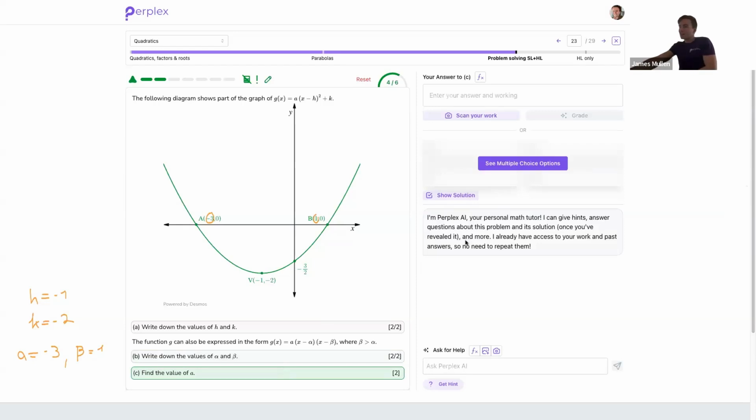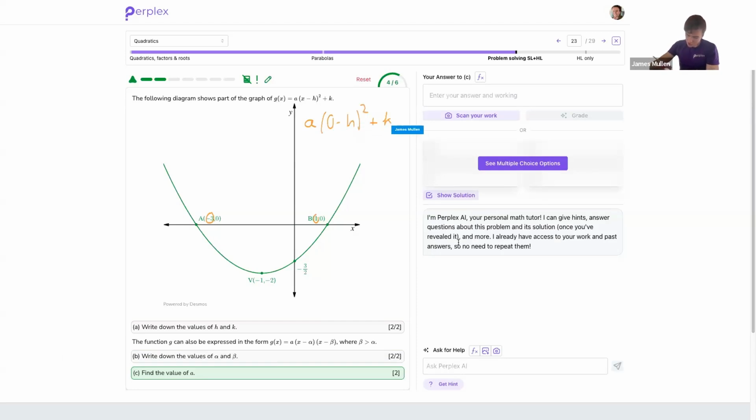Okay, and finally, find the value of a, which is the thing that's multiplying this a times (x minus h) squared plus k. To do that, I'm going to use the fact that I have a y-intercept at negative 3/2. So I'm going to plug in x equals 0 into my original equation. I'm going to get a times (0 minus h) squared plus k.